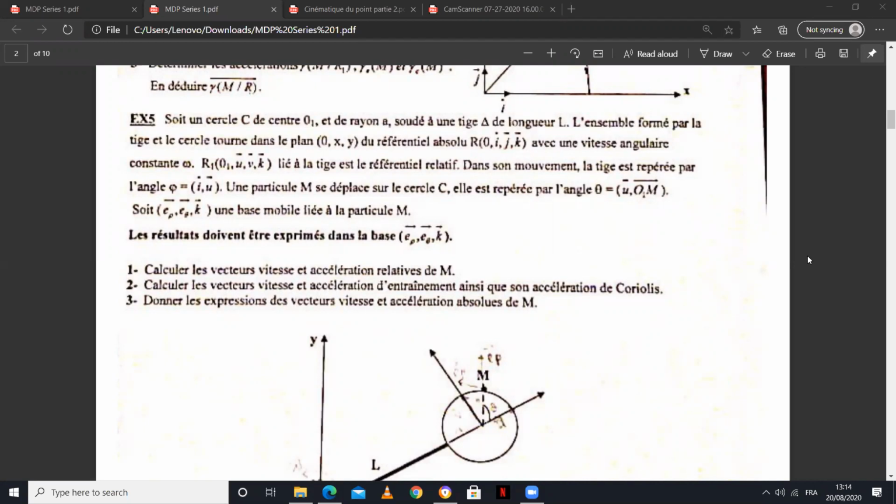So, in our repère relatif, in this case, the question is telling us R1 is le référentiel relatif. That's our repère relatif. R1, O1, UVK. Okay? We know the origin there, and we can now get our vector position from there. So from the repère R1, what's going to be our vector position?